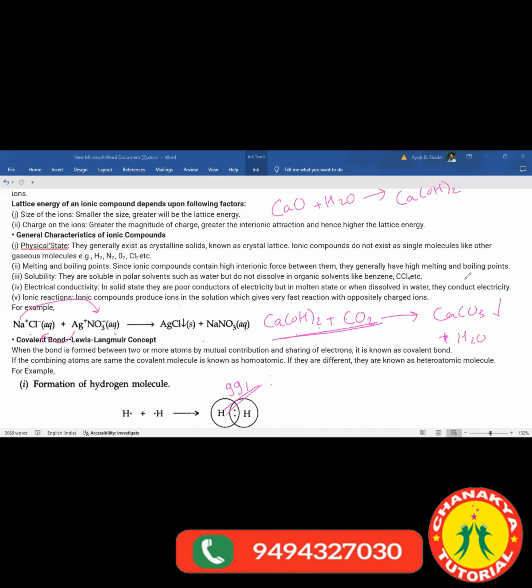See about the covalent bond, what is given to you. Now see what is given about the covalent bond. Covalent bond, Lewis-Langmuir concept. When a bond is formed between two or more atoms by mutual contribution or sharing of electrons, it is known as a covalent bond.